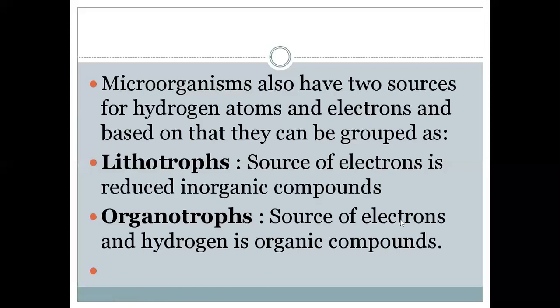Here, the source of electrons and hydrogen is organic compounds. In simple terms, electrons and hydrogen atoms can be derived from two sources: organic compounds and inorganic compounds. If they are getting them from organic compounds, they are called organotrophs, and if they are getting electrons from inorganic compounds, they are called lithotrophs.